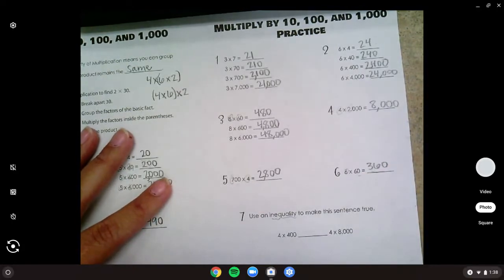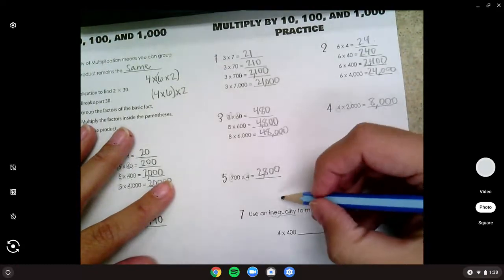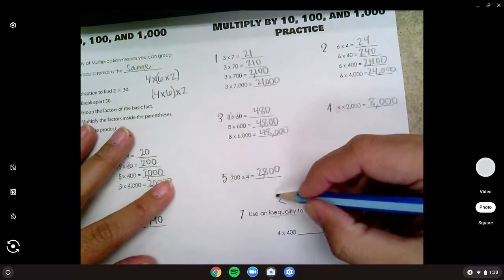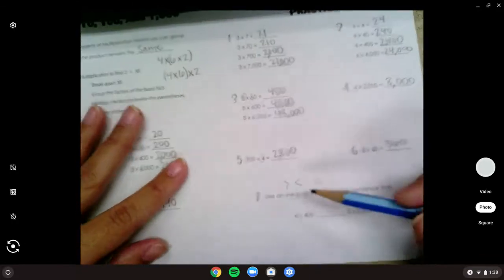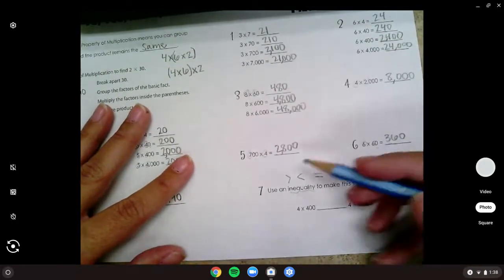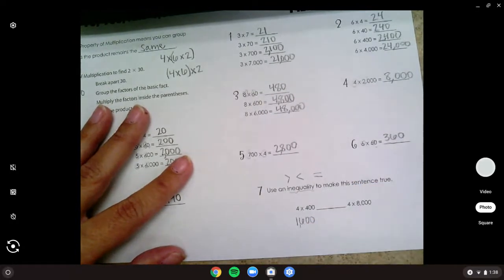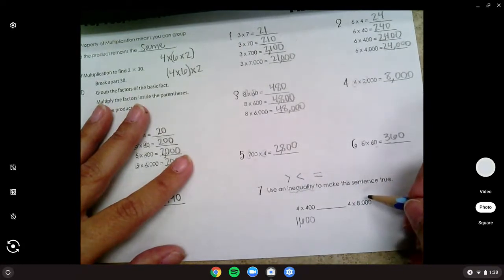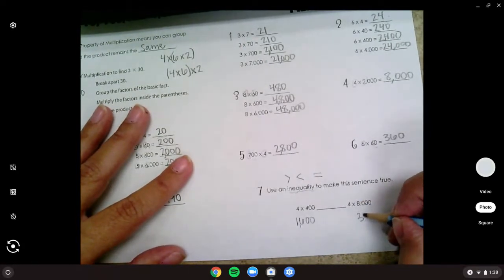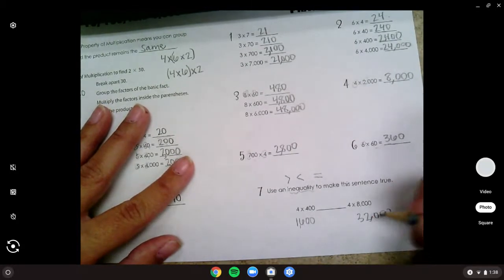Now, for number 7, I wanted you to use an inequality. That was like greater than, less than, or equal to. Well, we figure out 4 times 400 should be 1,600, right? And 4 times 8,000, 8 times 4 gets 32, and add 3 zeros, 32,000.